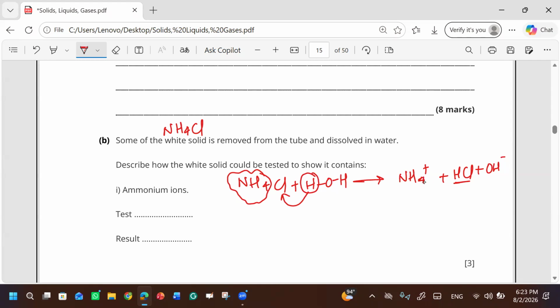Ammonium is this one. What's left is OH, so OH will be over here. Clear? So this is what happens when you dissolve ammonium chloride in water.